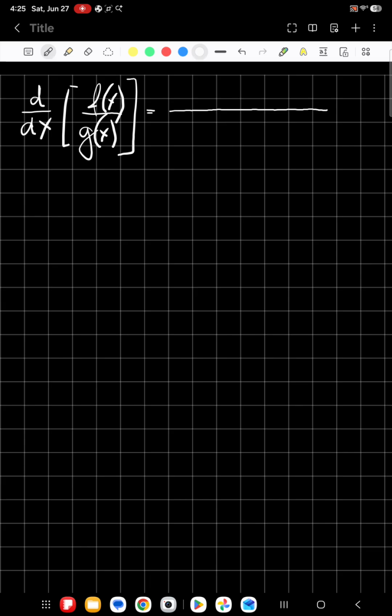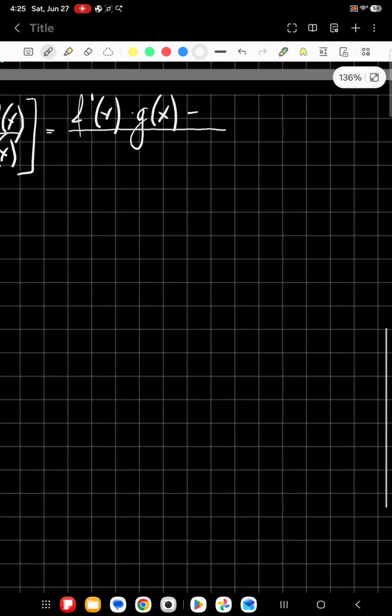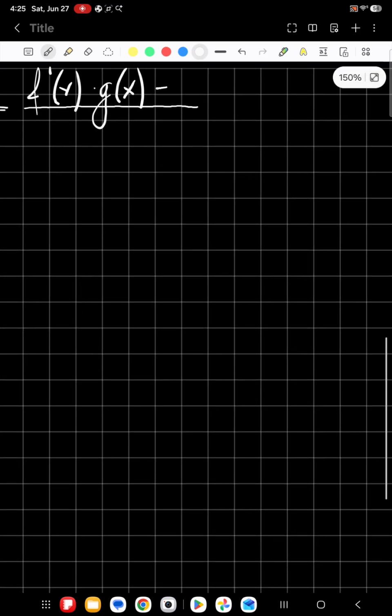So it matters that you actually do take a derivative of the first. So f prime of x times g of x, right? So that's unchanged, the second function unchanged. Now I have minus, right? That's the minus I'm talking about. And then let's extend this.